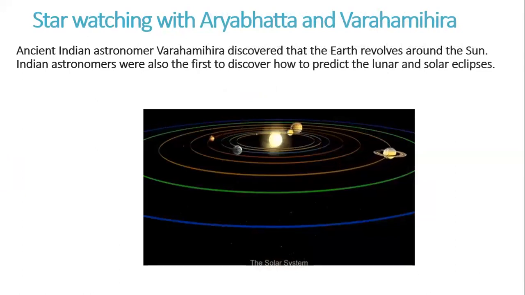Why do you think they discovered these? Who do you think discovered that the sun is the center? Earth is a sphere. Earth spins on its axis. Sun is the actual source of moonlight. All these facts that we know today are all credited to Aryabhatta.